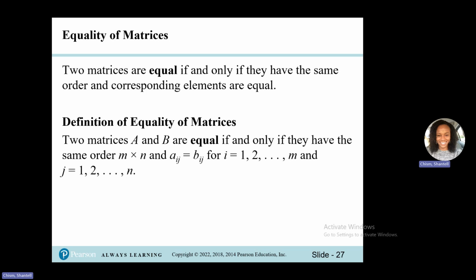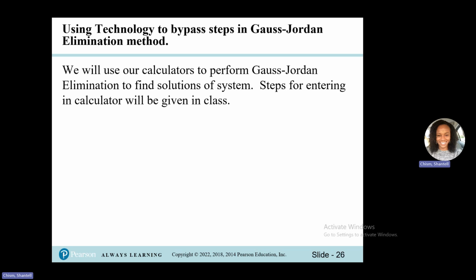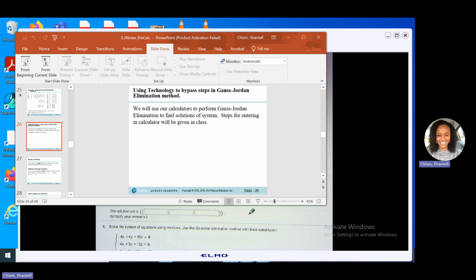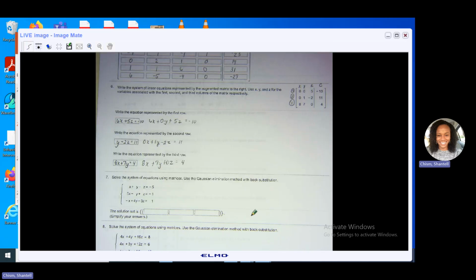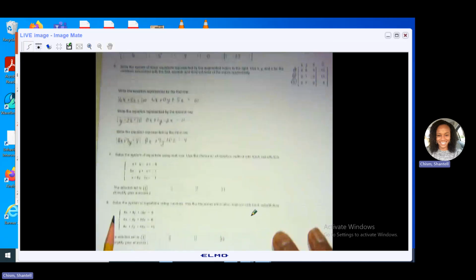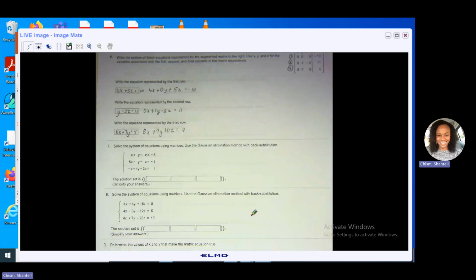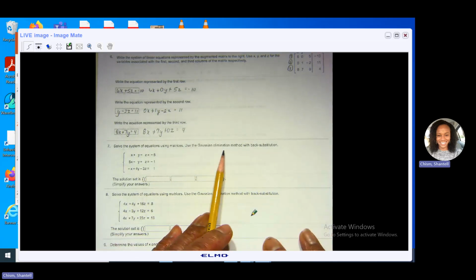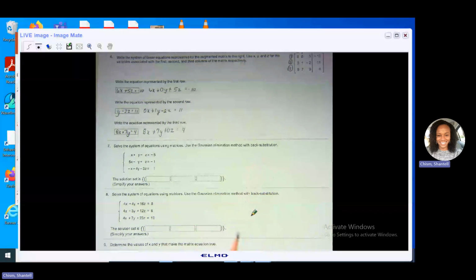Okay, so let's go back here. So I'm going to minimize this, and we're going to go right into a homework problem. So let's do number 7. Now it says Gaussian elimination, and that means you would have to also then do some back substitution. I'm going to eliminate that work for you.